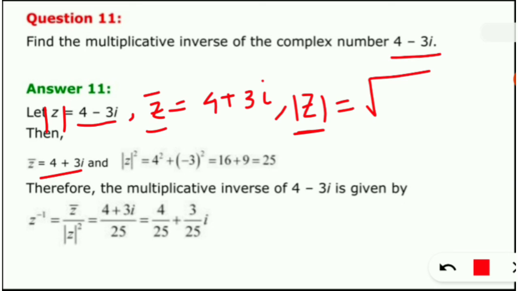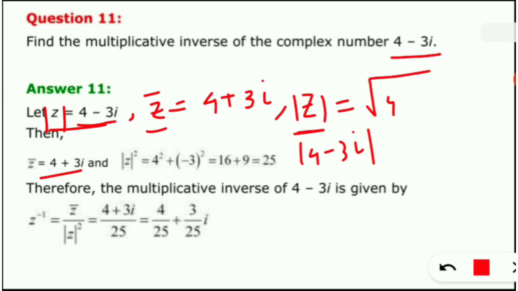So mod z equals mod of 4 minus 3i, not 4 plus 3i.